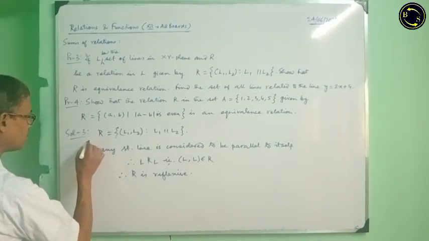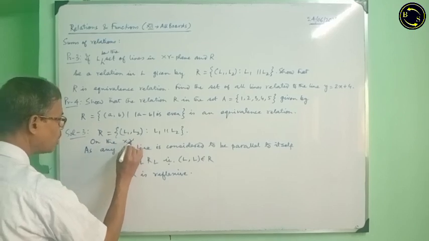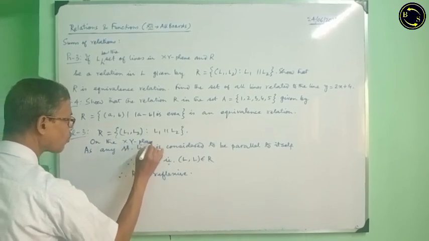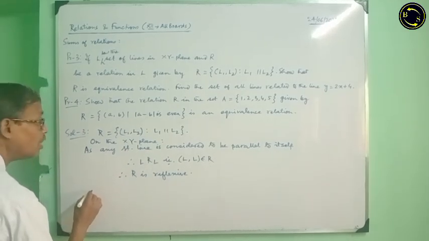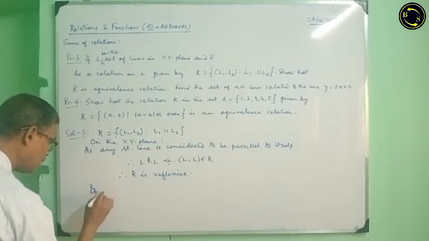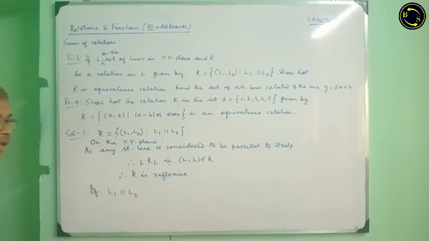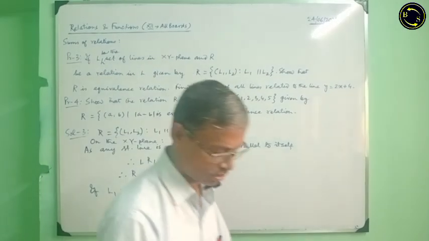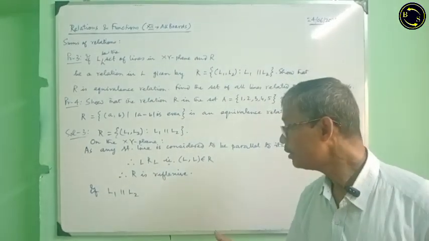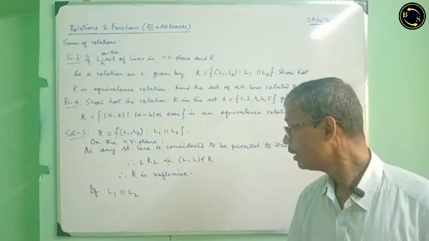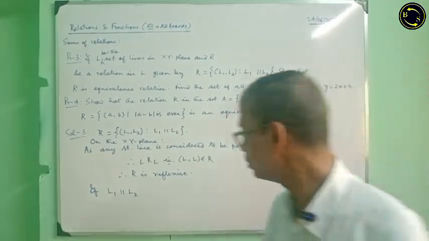We mention here on the xy plane, if L1 is parallel to L2, a straight line L1 is parallel to the straight line L2, then conversely straight line L2 is parallel to L1.